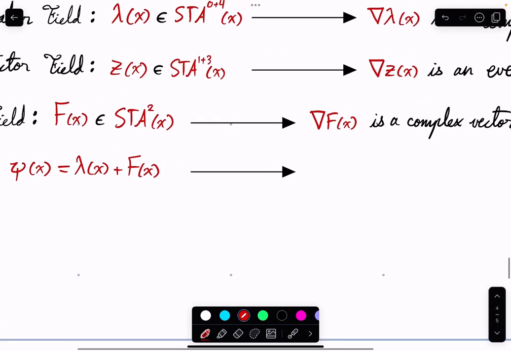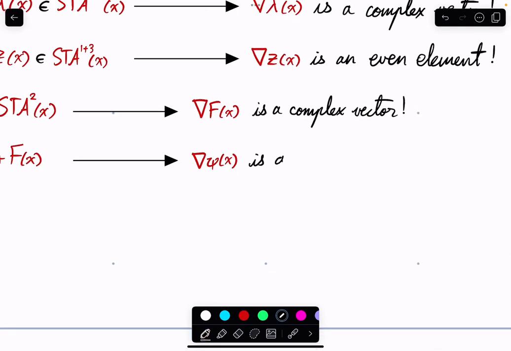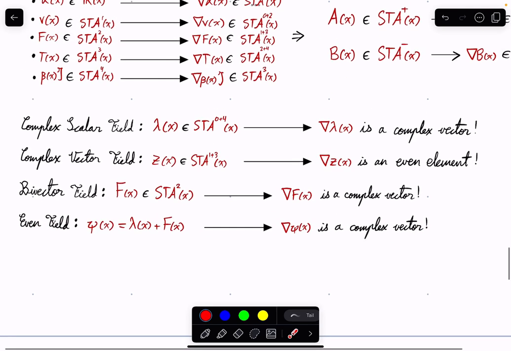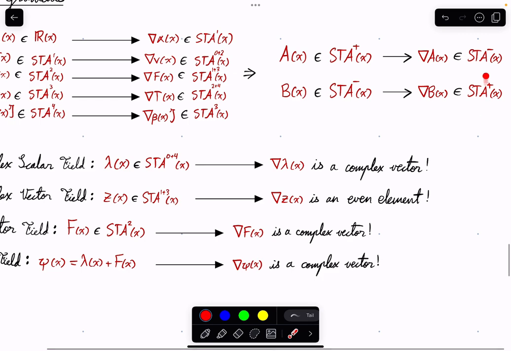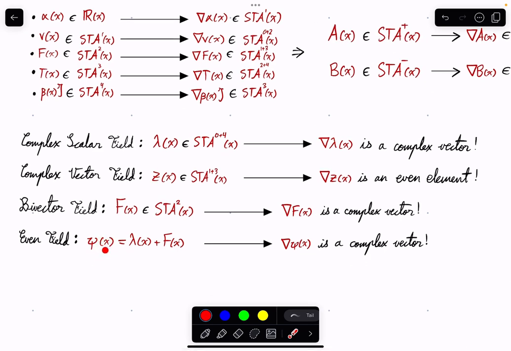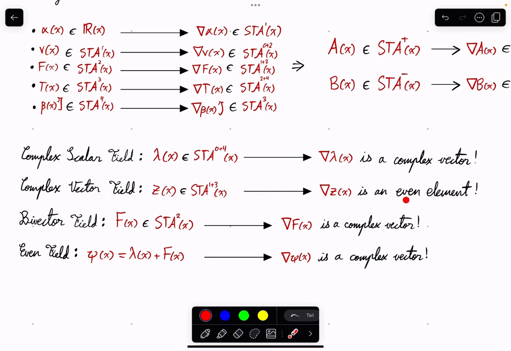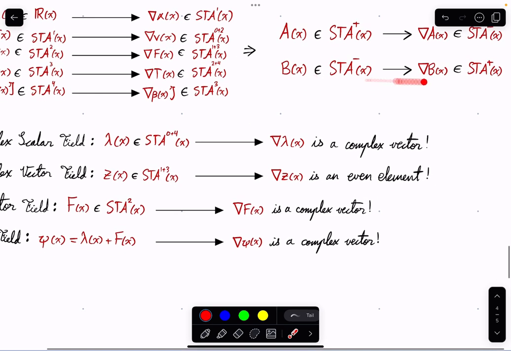Then the gradient of this even field is a complex vector. Which this right here is saying the exact same thing as this duality here. This a of x is equivalent to this c of x. And then the result here that this complex vector field gives an even element is the same as this right here.